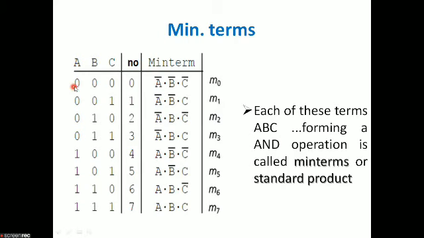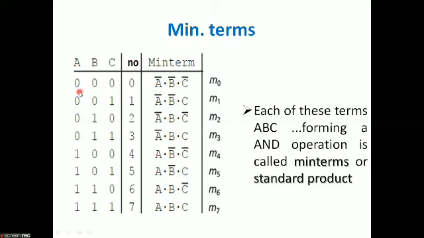So the first combination is 0, 0, 0. What does 0, 0, 0 mean? This is the 3-bit representation of decimal 0. This one is binary and this one is a decimal number. As I told you earlier, the min terms are formed by representing each non-complemented variable by 1 and each complemented variable by 0.